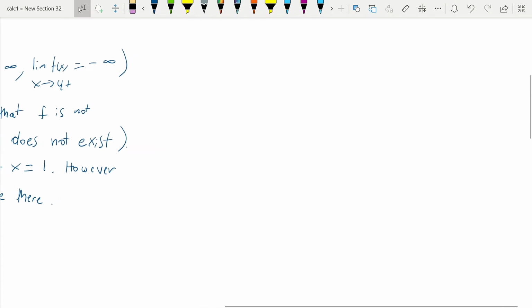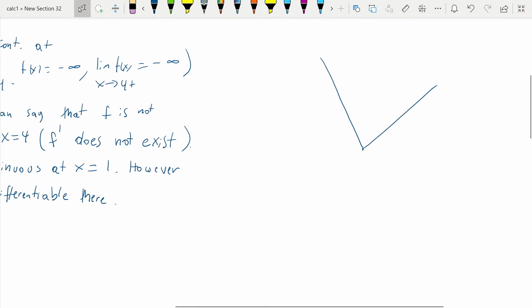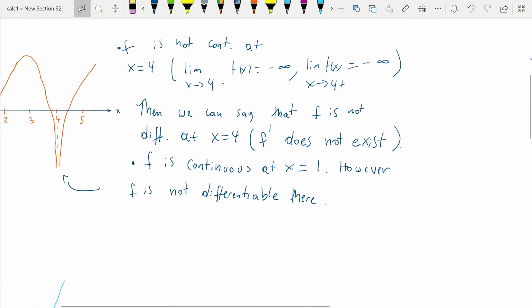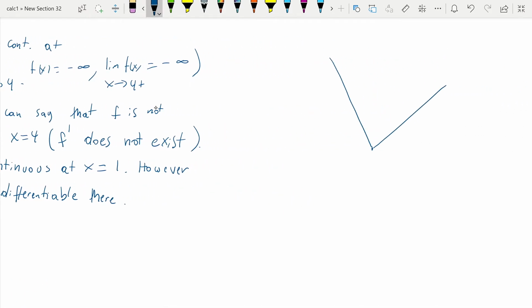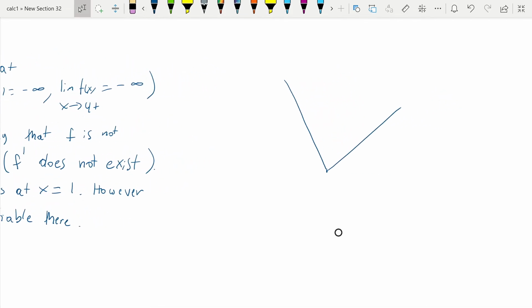So remember, if we go back to the definition of the derivative, we're computing the slope of secant lines, and those slopes need to approach a limit. So when x is equal to 1, we observe something like a sharp turn.